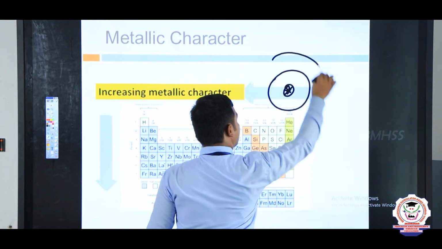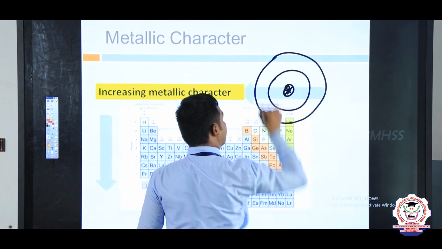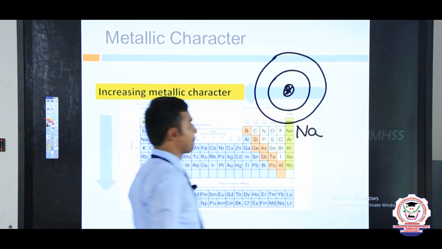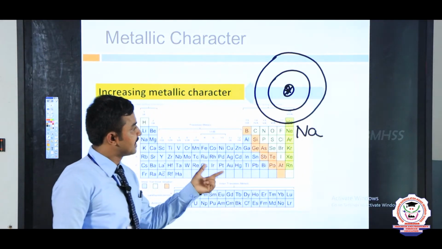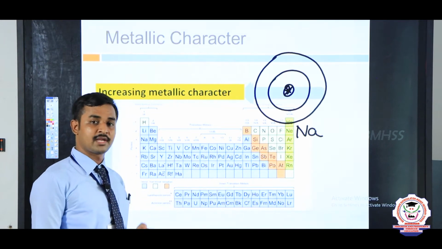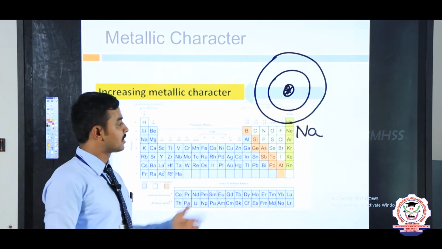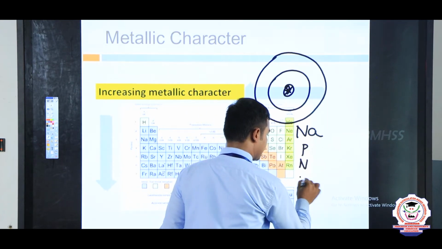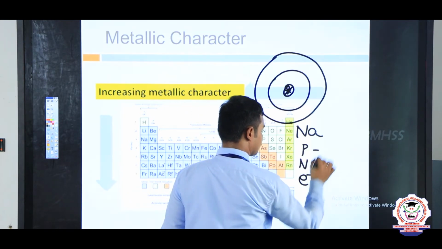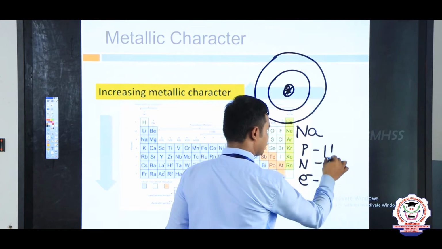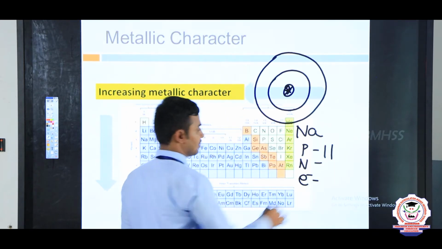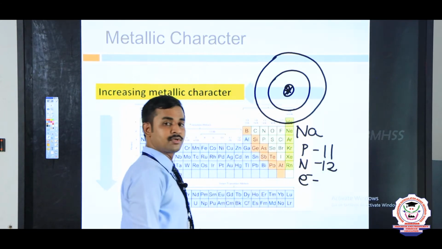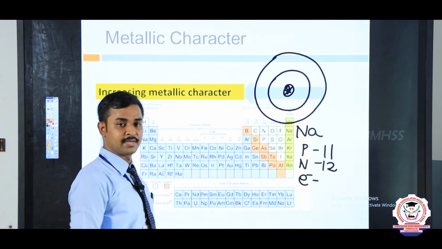For example, I take the metal atom sodium first, Na. Let us see here, the sodium atom has atomic number 11. When we write the numbers of neutrons, protons and electrons for sodium metal, it contains 11 protons and additionally 12 neutrons in the sodium metal atom.